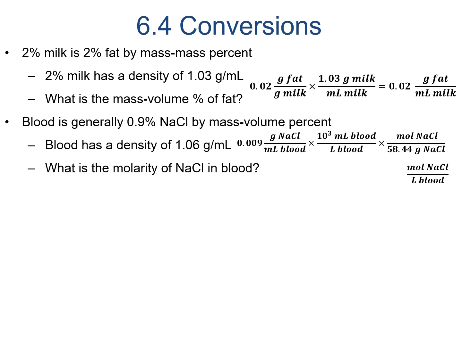We end up with a fairly small number, 0.0002 molar sodium chloride. We might choose to express this instead as 200 micromolar sodium chloride. Notice that we didn't actually need to use the blood density here. Its units of grams blood per milliliter blood were not actually useful to us.